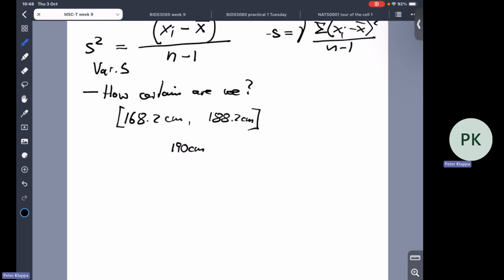Would we say that this sample that this other person has measured with the 190 centimeters comes from our population? No, because we think our population is between this one and this one here. We say it's 180, they say 190 centimeters. So we would basically reject the claim that it comes from the same population, right? So we make a sort of a rejection.